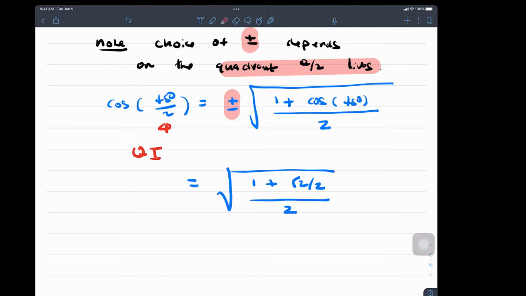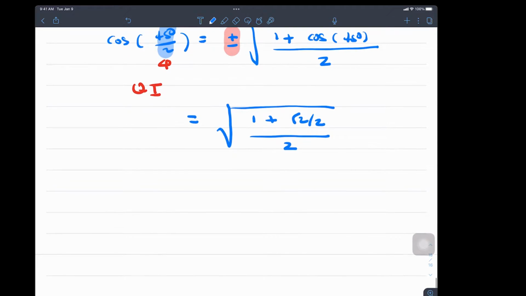Because the angle of 22.5 degrees lives in quadrant 1. It's a 22.5 degree angle. So would it make sense to say cosine of 22.5 is negative? You know what I mean? So you're going to have to go, oh yeah, cosine is positive for that angle. It's because of the square root formula.